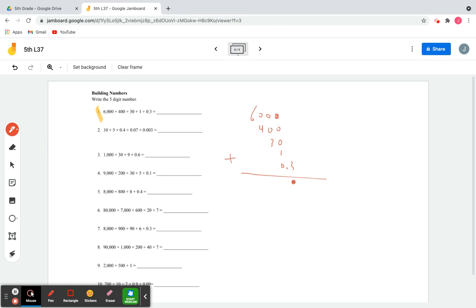So 3 plus 0 is 3, so I write 3 here, and then the decimal point just comes down, and then I write just the decimal point here, and then 0 plus 1 is 1, 0 plus 3 is 3, and then 0 plus 4 is 4, and then 6 just comes down here. So the final answer for number 1 is going to be 6,431.3.